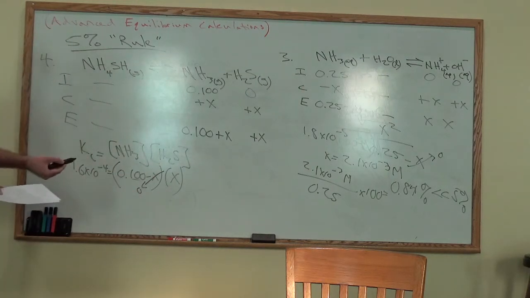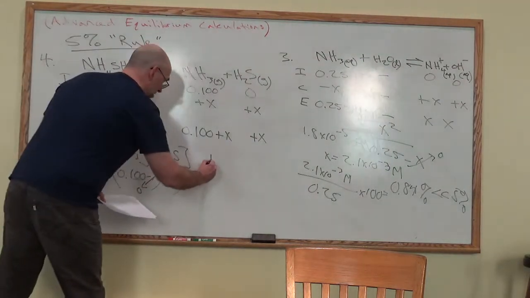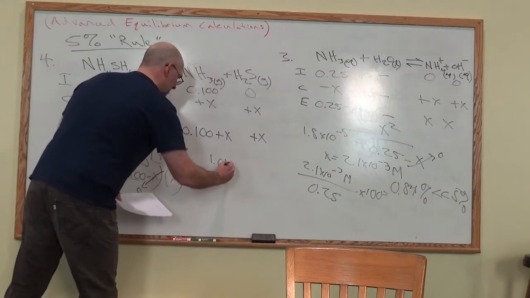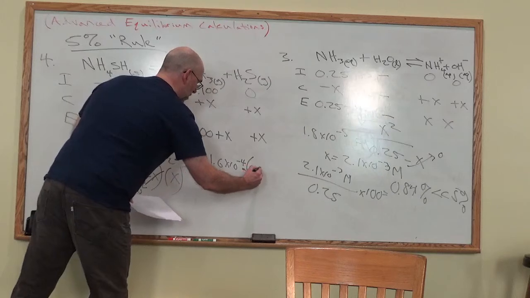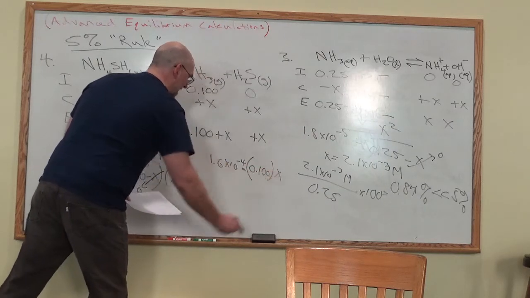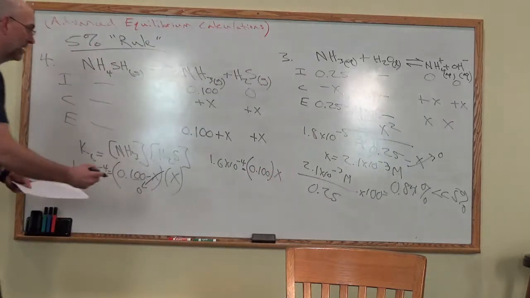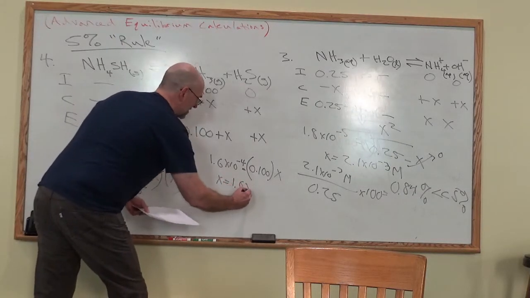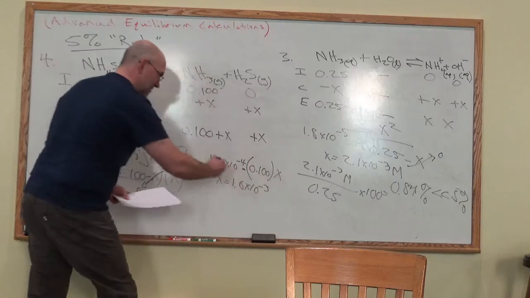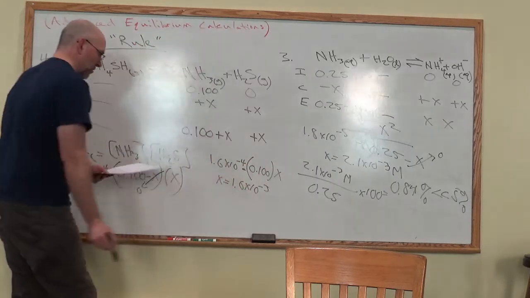So this math actually turns out to be, if it works, 1.6 times 10 to the minus 4 equals 0.100 times x. That's really simple math. x equals 1.6 times 10 to the minus 3. That's math you can probably do in your head.